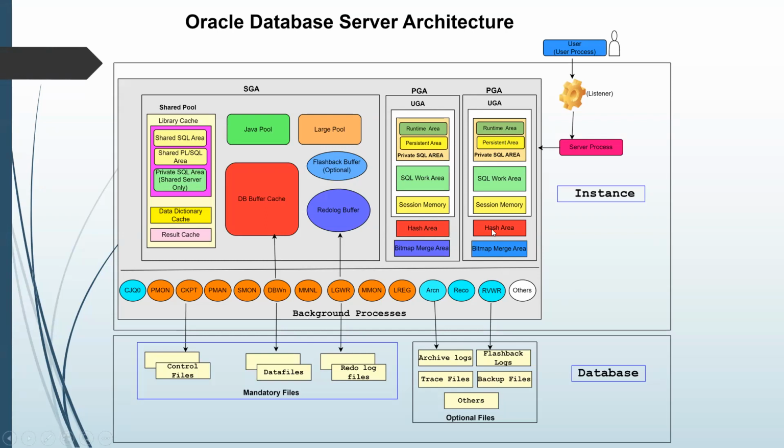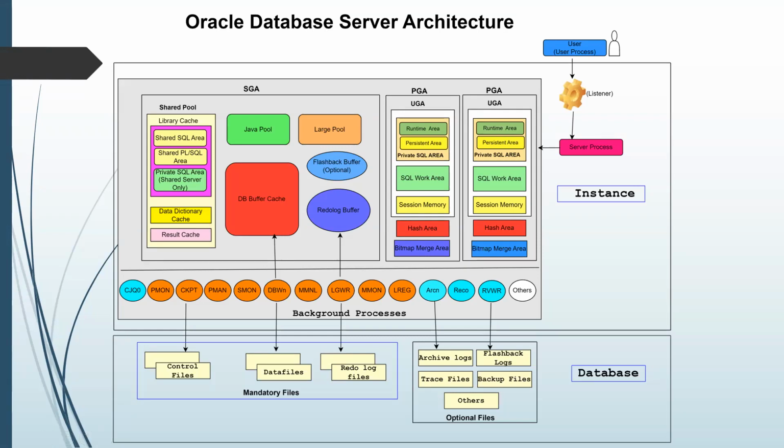The next two components that we see inside the PGA are the hash area and the bitmap merge area. These two memory components are also used for some sorting operations. There is something called hash sorting that happens in the Oracle database.